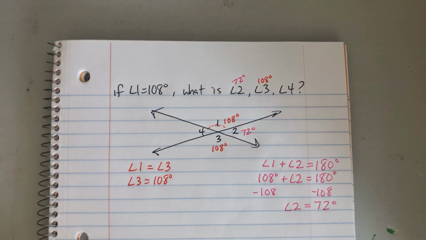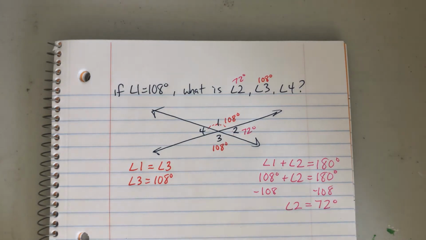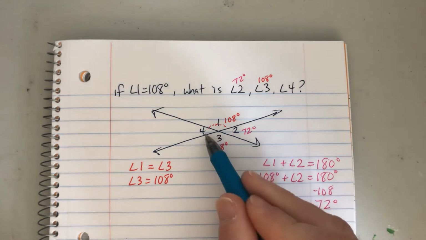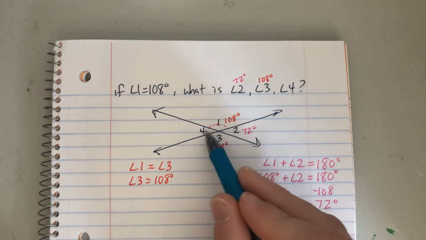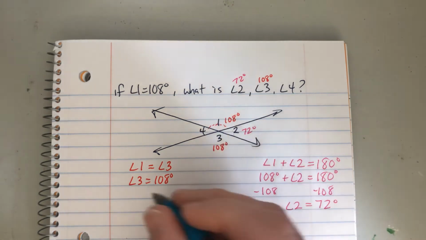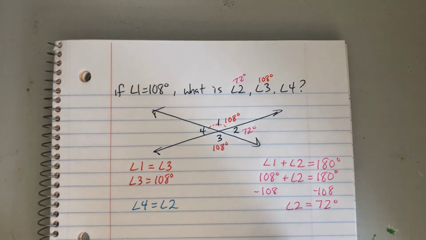And hopefully, you're able to identify what angle 4 is without too much trouble. Angle 4, which is right here, there's a couple ways to do this, but the easiest way is to recognize that angle 4 and angle 2 are vertical. And that means that they are equal to each other.